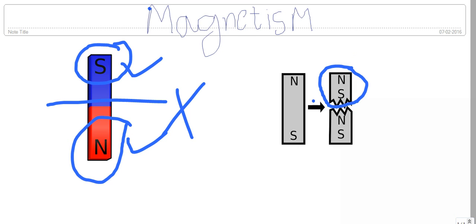Consider this figure. I took one magnet and cut it into two pieces, and the two individual pieces are themselves magnets, containing both a north pole and a south pole. That means what we can infer from this is that magnets never exist as monopoles. Magnets will always exist as dipoles.